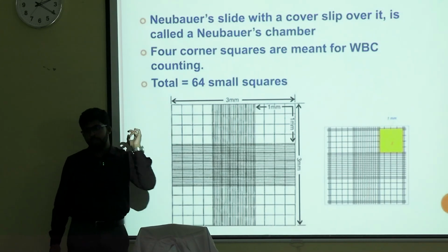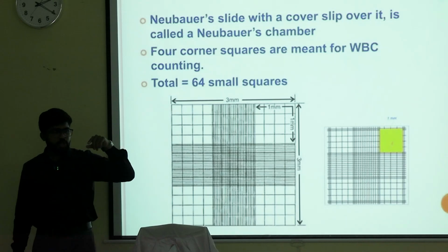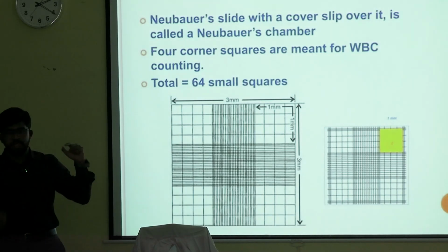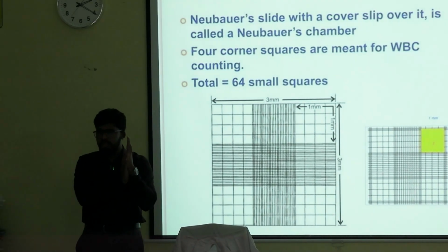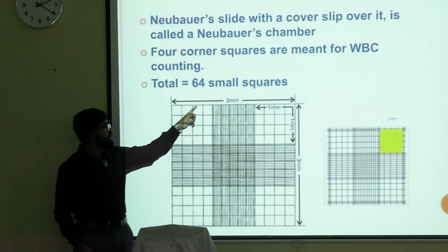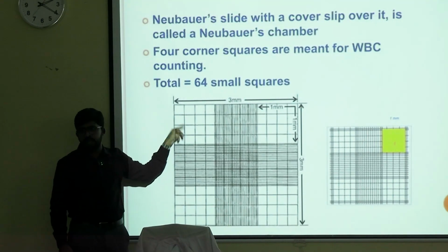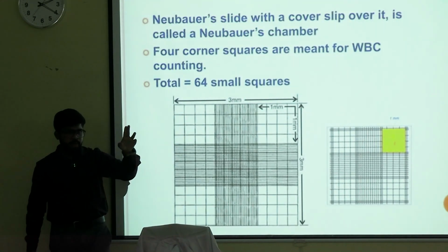We have shown you already in the class that the dimension of this Neubauer chamber is basically 3 mm into 3 mm, isn't it? So what will be the dimension of this large square? 1 mm into 1 mm.